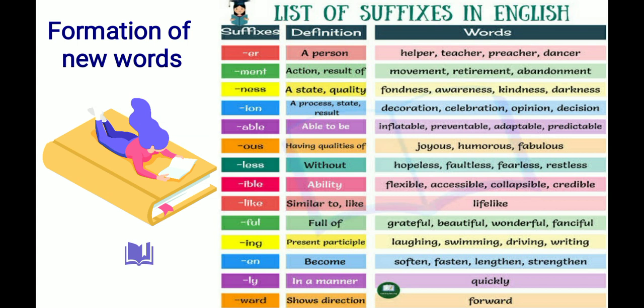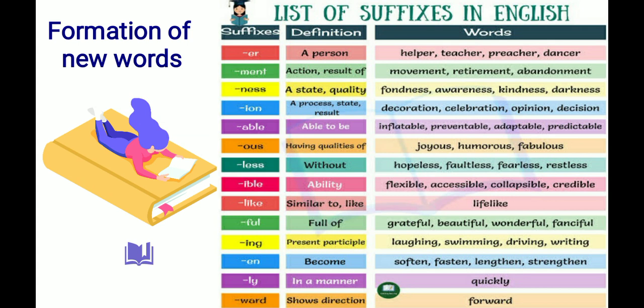IBLE means ability: flexible, accessible, collapsible. If I add IBLE with collapse, the new word becomes collapsible, credible. Then like means similar to or like. If we add like at the end of life, the new word will be lifelike.